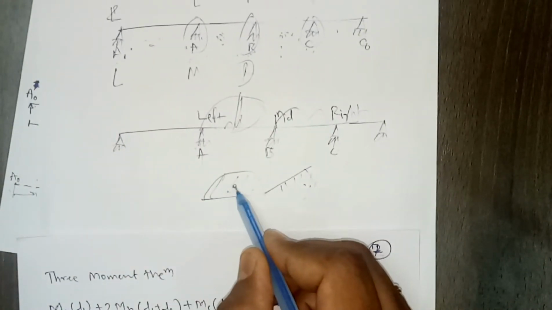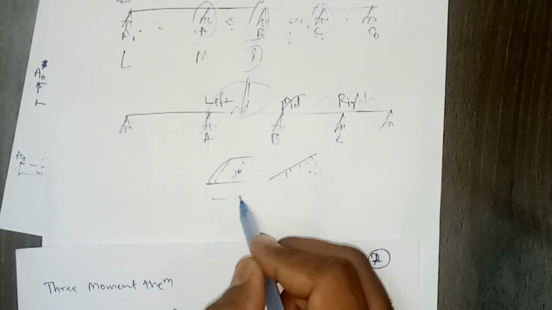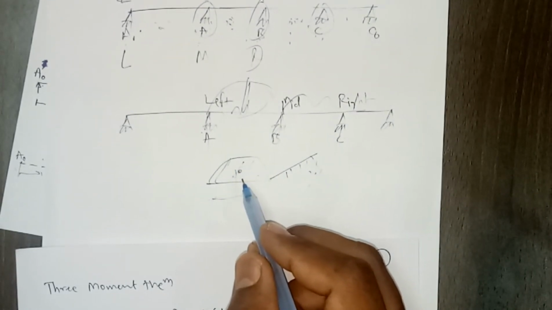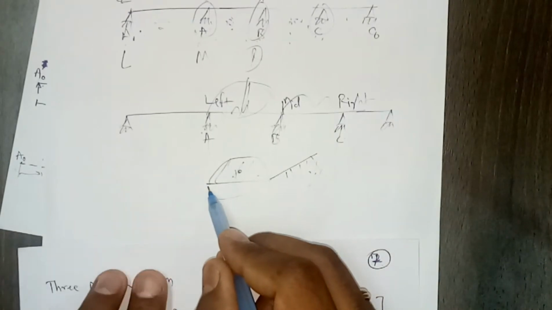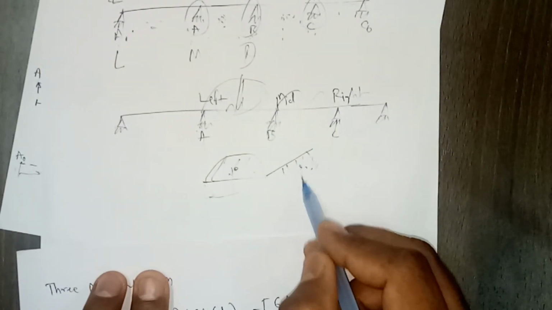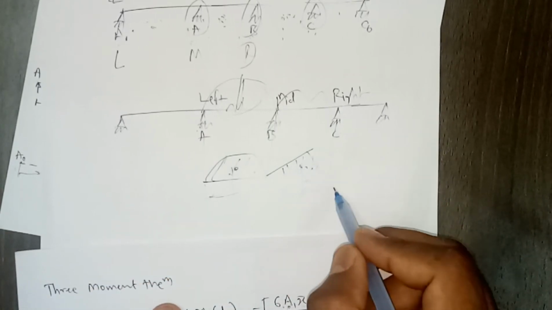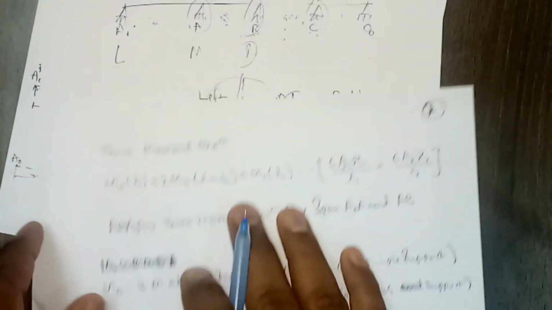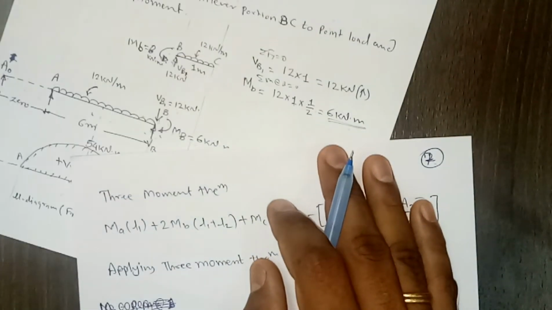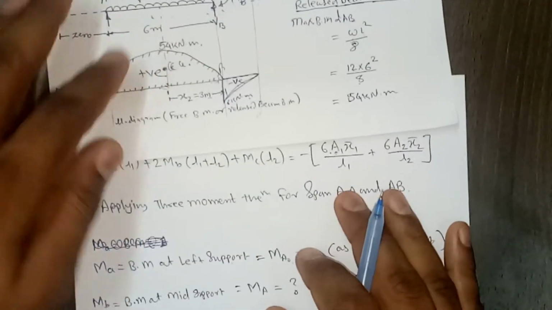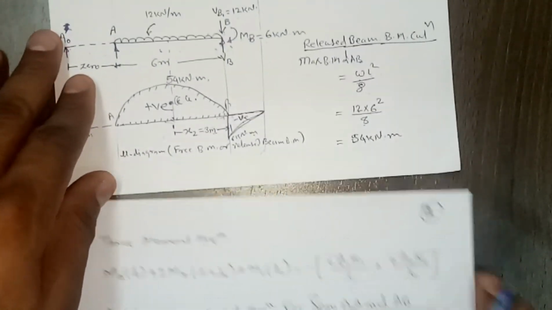Then x1 is the centroidal distance of the bending moment diagram on the left span from the left end, and x2 is the distance of the second or right bending moment diagram from the right support, right? So that is what we now have to use for this beam.